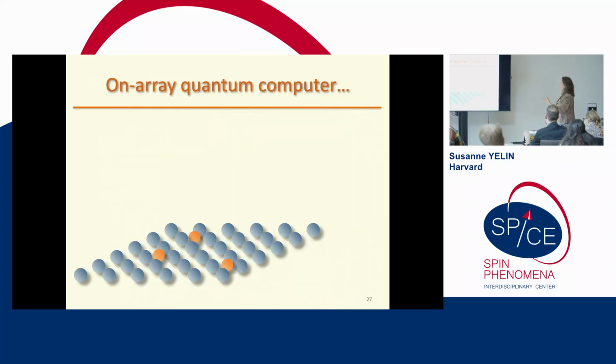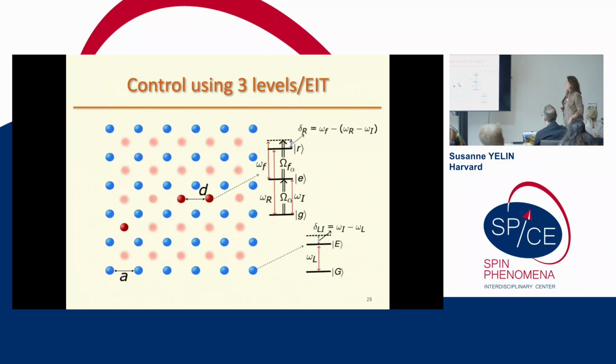We can, for example, think about doing an on-array quantum computer. In this case, we need an extra control. Namely, we need to go, for example, to a 3-level system and use so-called electromagnetically induced transparency, which I'm not going to explain now, in order to couple or decouple the impurities from talking to the array.